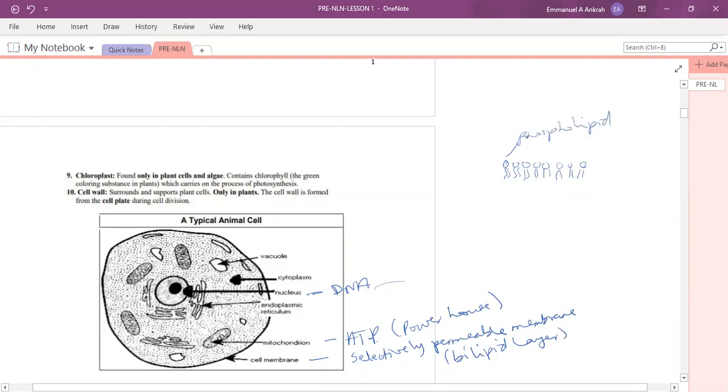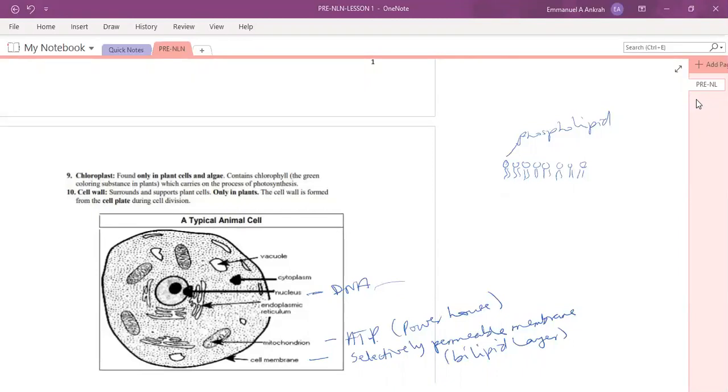It's made up of a phosphate and a lipid portion. The head portion loves water, and the tail portion hates water. So the tail is said to be hydrophobic, and the head is hydrophilic.